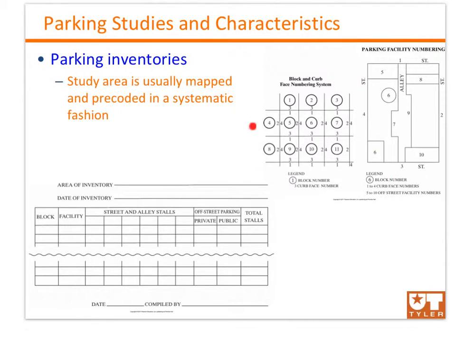So it's either a block and curb face numbering system, or we can have a parking facility numbering like this, and we keep going back and forth to the same area every 15 minutes, observing if there is a car parked at the same spot. If it's the same car, we keep counting the time it was there to use for other parameters that we will be discussing later on.